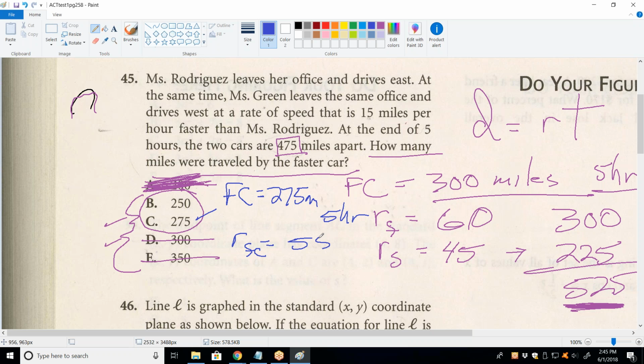What's that make the speed of the slow car? 40. Now, we know the fast car goes 275. In 5 hours, what does the slow car go? 200. Separating them by 475, there's our answer.